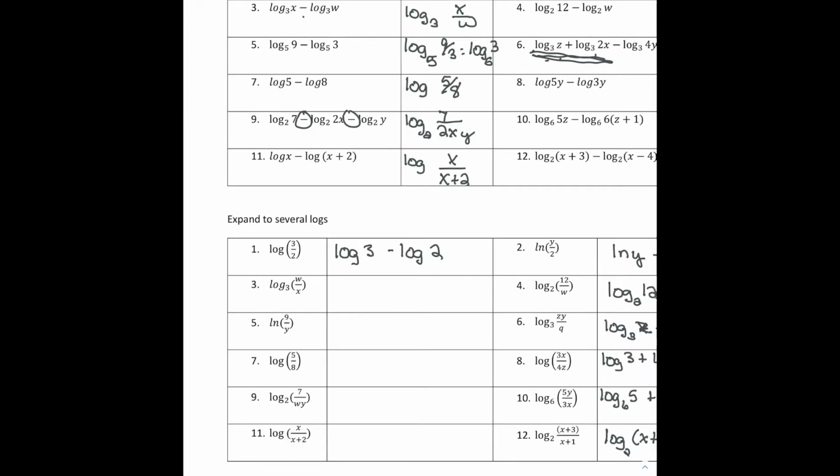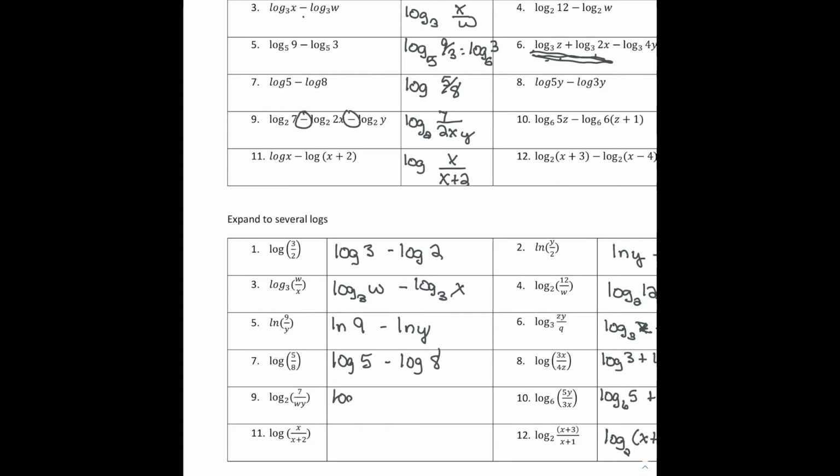All right, this would be log base 3 of w minus log base 3 of x. The natural log of 9 minus the natural log of y. Natural log has a base of e. This would be common log 5 minus common log 8.